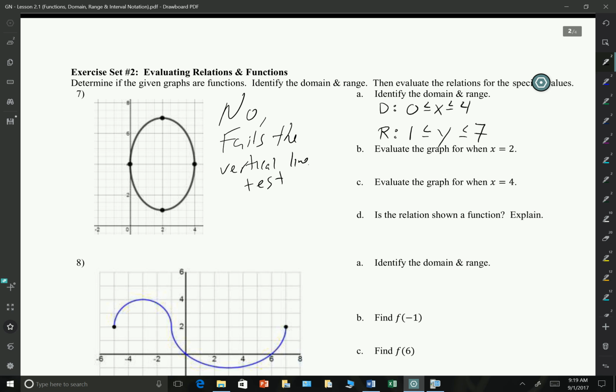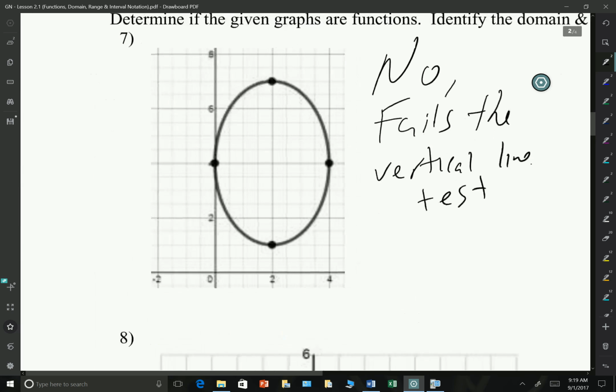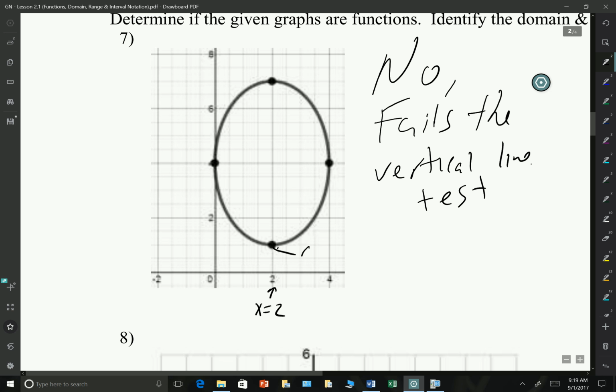Evaluate the graph when x equals 2. What that means is if I plug in 2, what y value do I get? So if I go to my x-axis, I find the number 2. If I plug that in, what is the y value for those points? So what's the y value at this point? 1. I mean, if I plug in 2, this is the point 2, 1, isn't it?